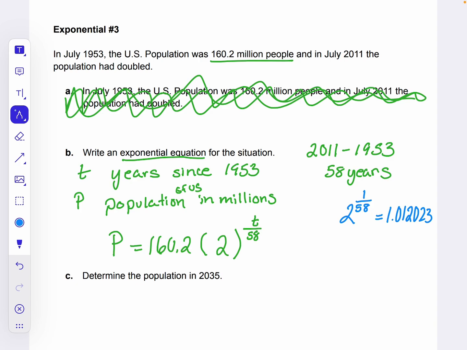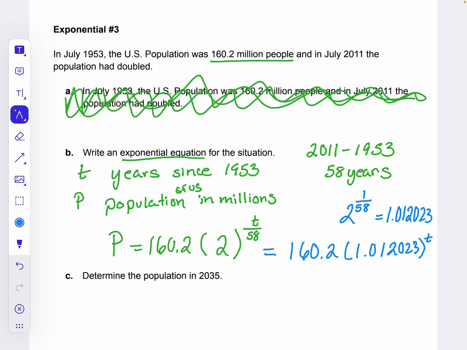So I could rewrite this exponential equation as 160.2 times that annual growth factor, and because it's an annual growth rate, I just raise it to the T power. You might be wondering how these are connected. Well, the 2 to the 1/58 part is built within that doubling time equation.